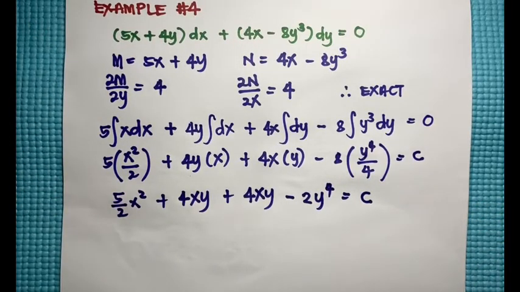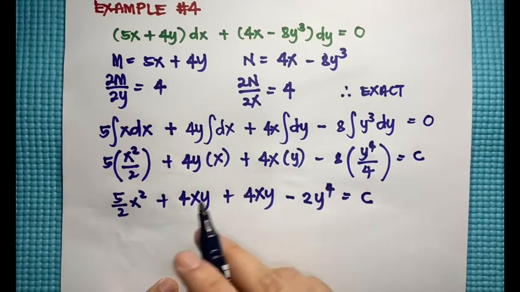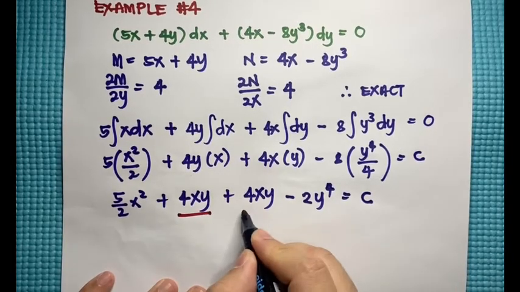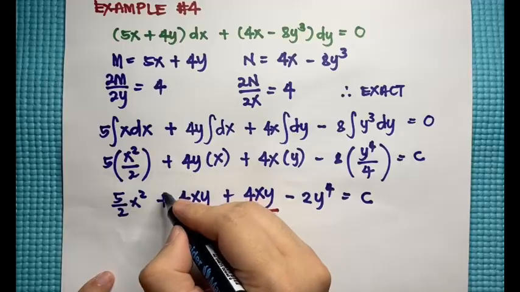But take note, we're not done yet, because once we integrate the given equation, we have to take a look at whether there are similar terms. When I say similar terms, I mean exact variable, exact constant, exact sign. In this case, we have the 4xy. So 4xy is exactly the same as 4xy, together with their sign.